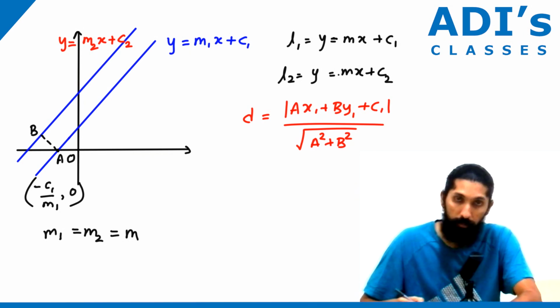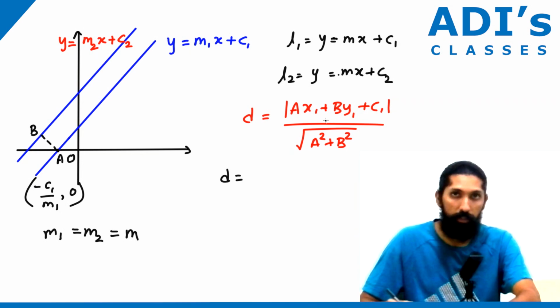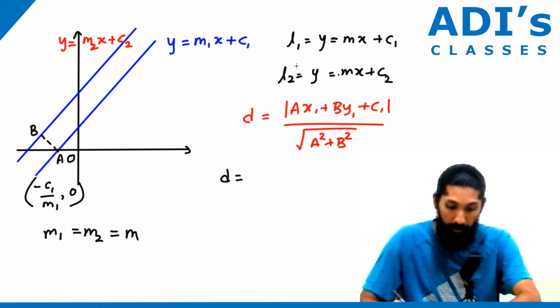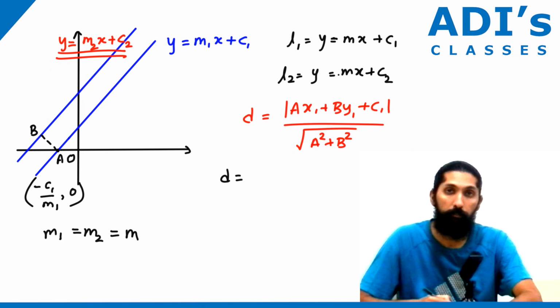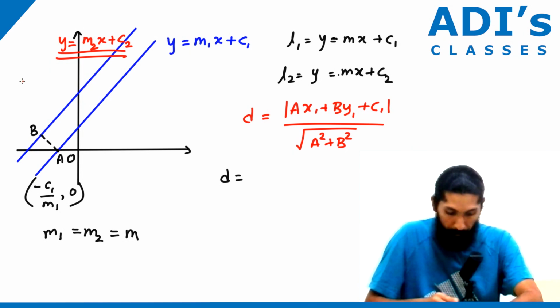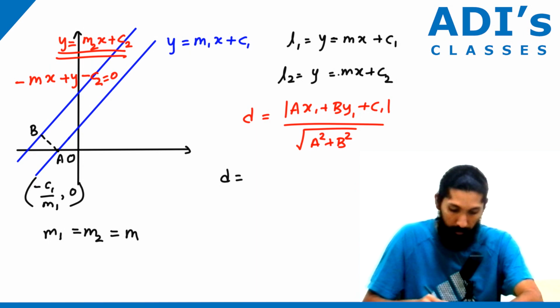We can write the second line as minus mx plus y minus c2. Take everything to the LHS, this is equal to 0.